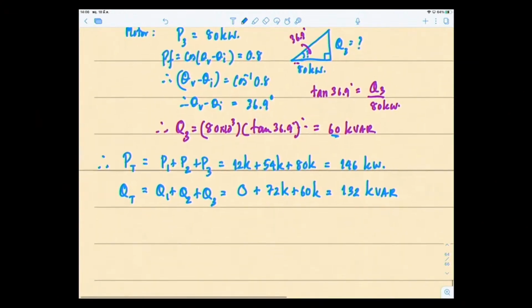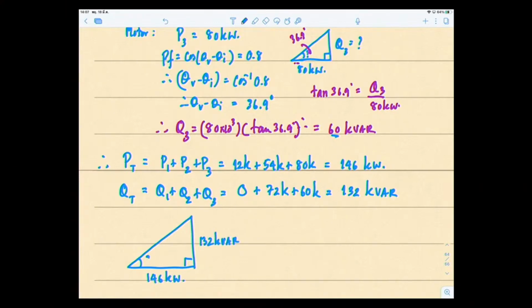So you want to find out the power factor. I'm going to use the power triangle again. So now I have 146 kW right here. The opposite is 132 kVAr.